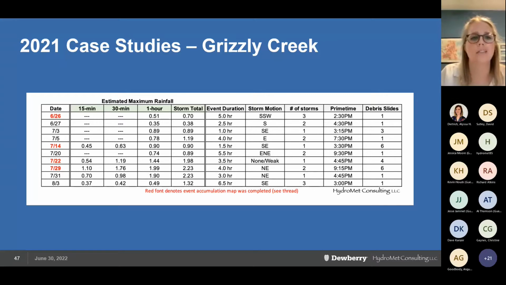So we look at the estimated maximum rainfall using both gridded and observations, how long the event lasted, what the storm motion was, as well as what time it occurred and how many debris slides actually occurred, because this particular burn area shut down I-70 in multiple spots. So in red, we took a deeper dive. So here's an example of one of those from, next slide.